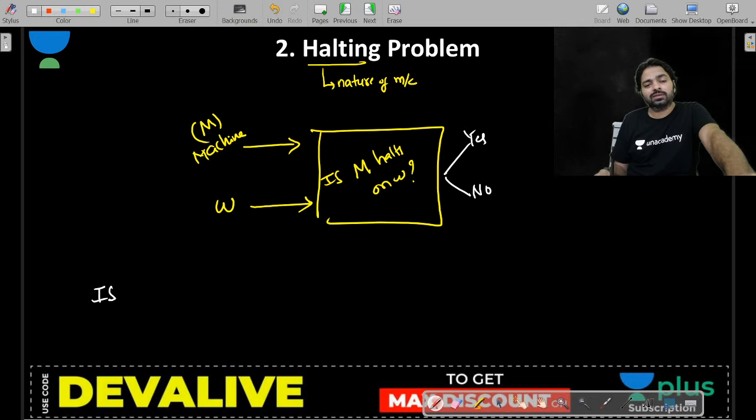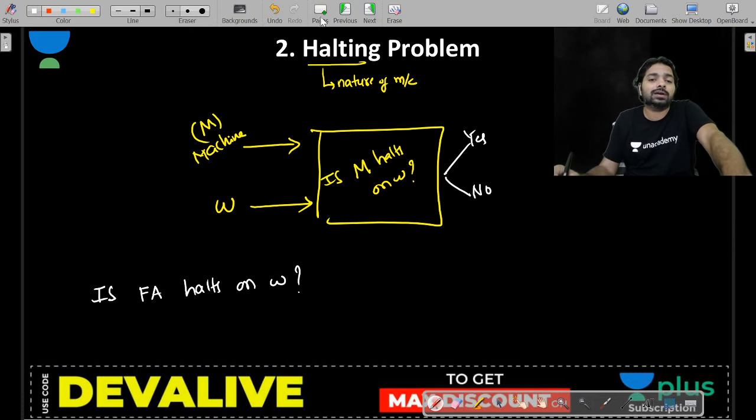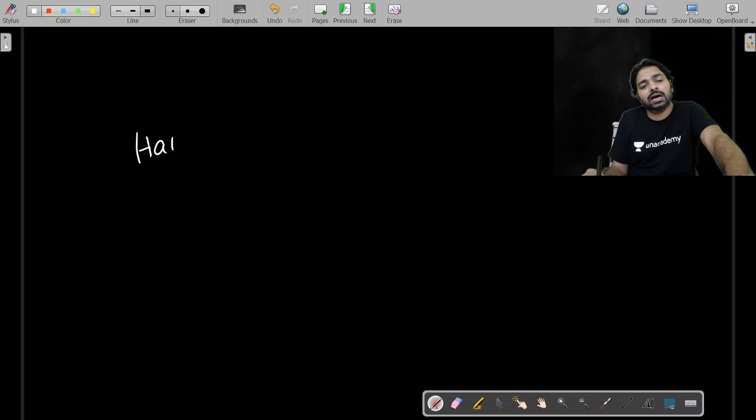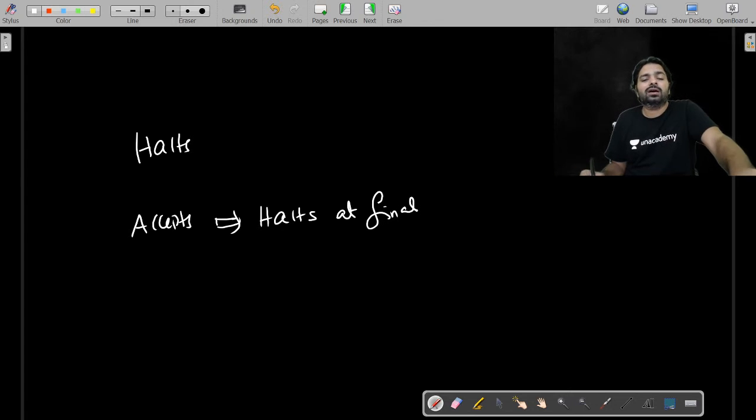Does a finite automata halt on W? Very few people know about it: halts and accepts, what is the difference? Halts and accepts are both different. Accepts means it halts at a final state.